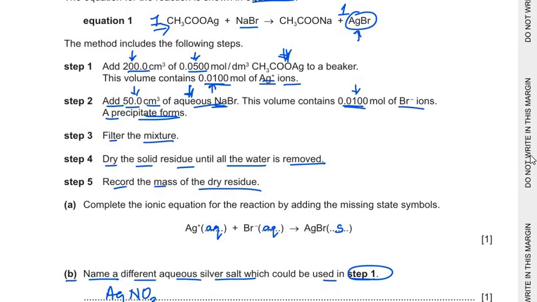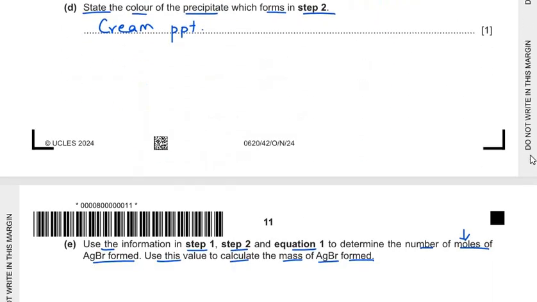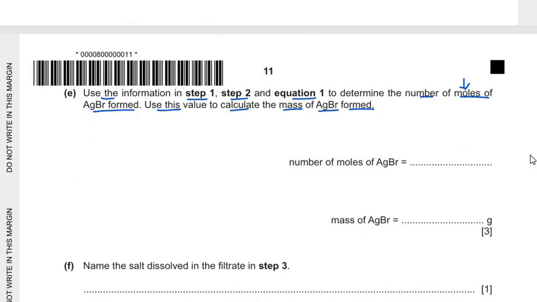So silver ions are limiting, and accordingly the moles of silver bromide form. The limiting reagent will decide what product is going to form. So the moles of silver bromide will be 0.01 for the same reason. Moles of silver bromide and silver ions are the same. You can write that here in simpler terms.